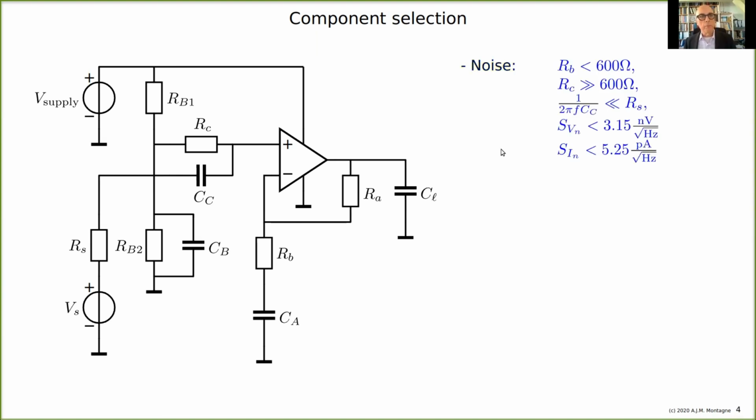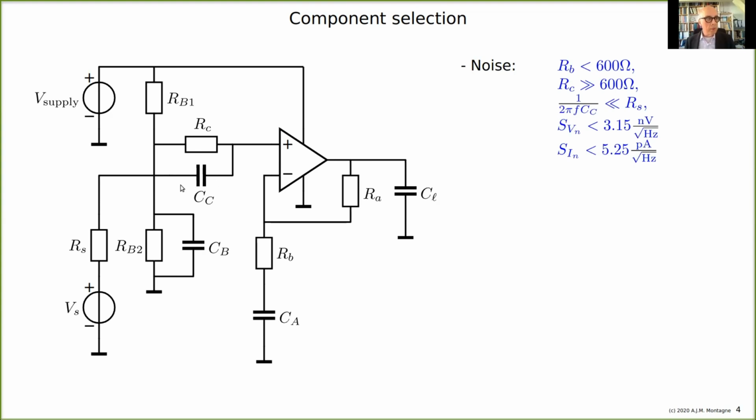For the noise, I need RB, which is the parallel resistor, this resistor, smaller than 600 ohm. I need the coupling capacitor to cause no impedance in series with the signal path for all signal frequencies, because it would enlarge the contribution of the equivalent input noise source.